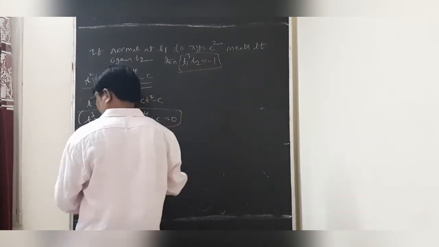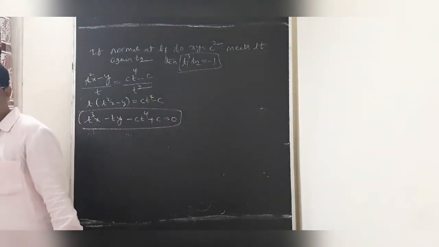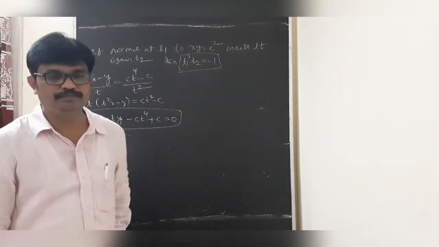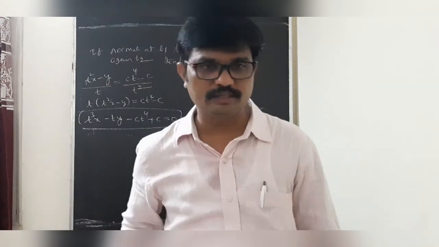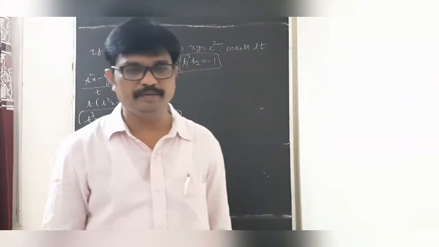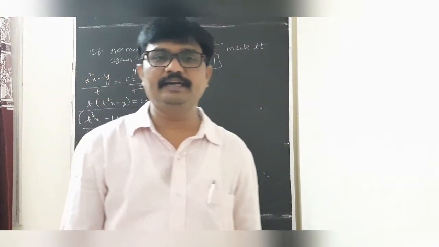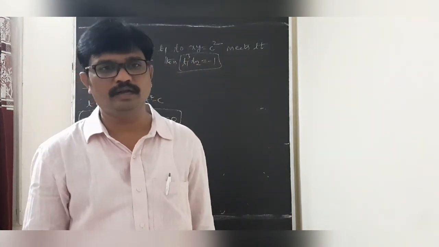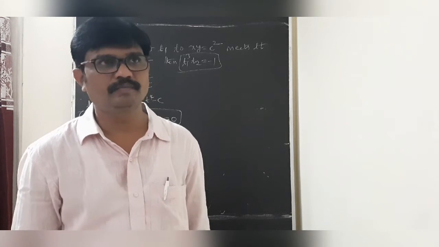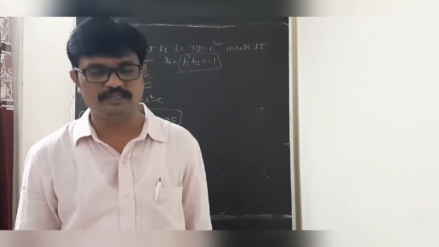My dear students, I already explained in the ellipse the diameter concepts and pole concepts, conjugate diameters. They are derived from the syllabus, from the ellipse, hyperbola and also parabola, from about 6 years back.